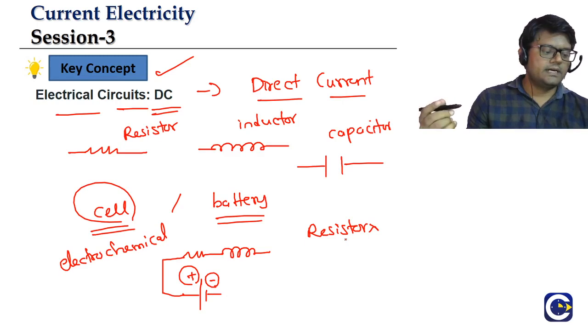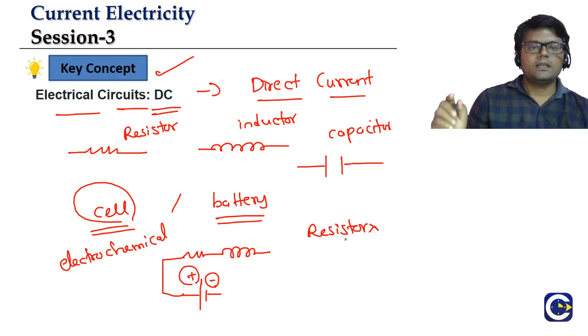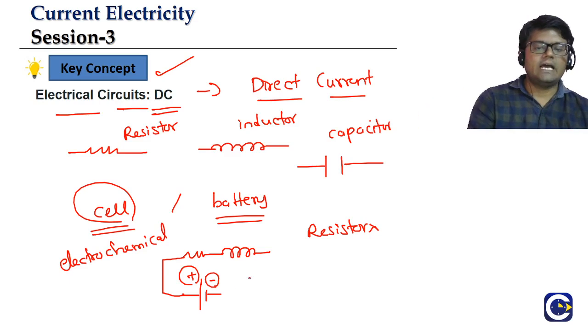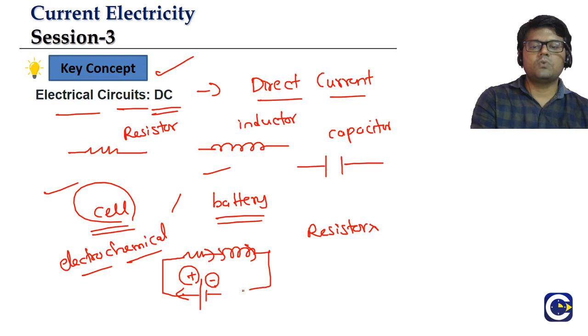But this is about electrical circuits in DC. We have a driving cell or battery that will drive the current, and our conventional current is the current that starts from the positive terminal, comes through these components, and finally reaches the negative terminal of the cell. This is how we will have the electrical circuits.